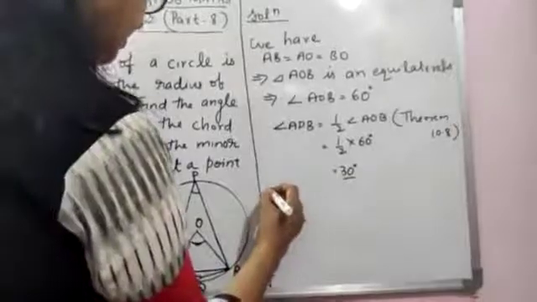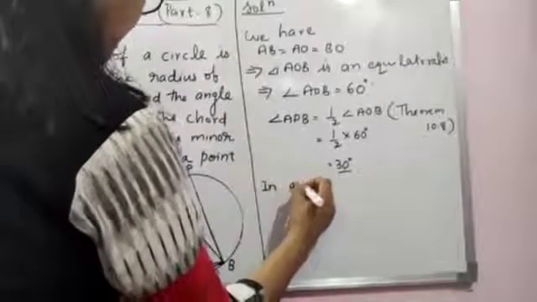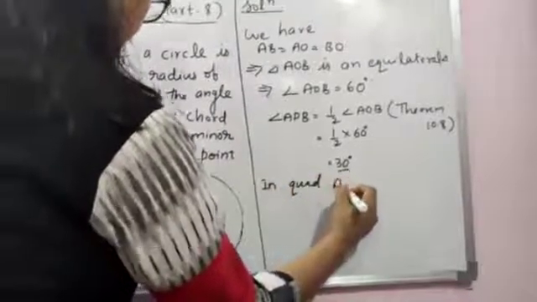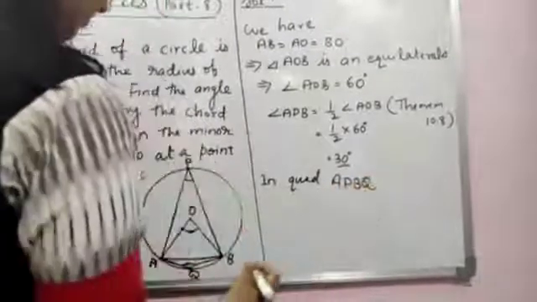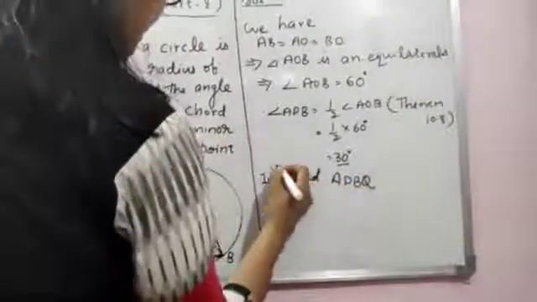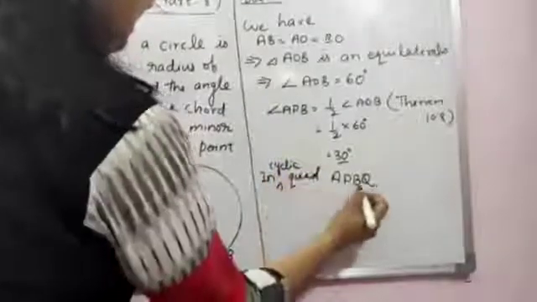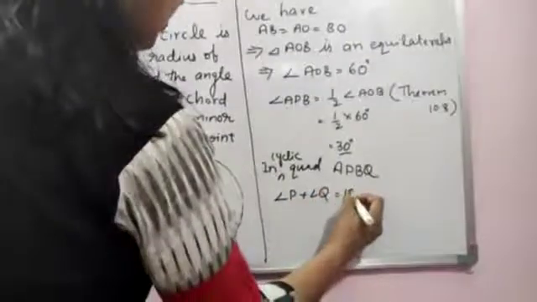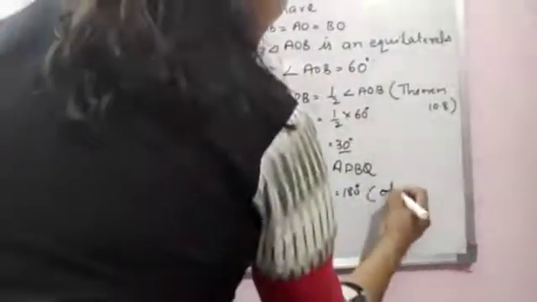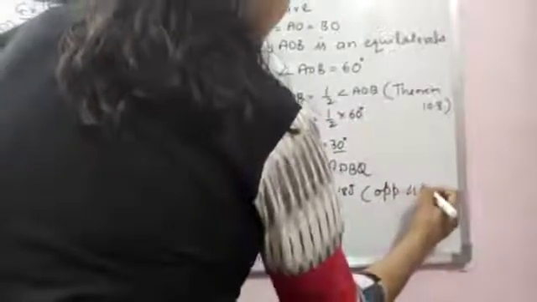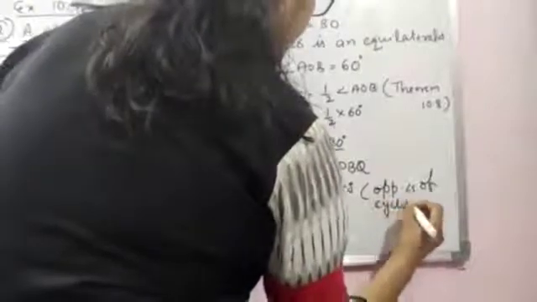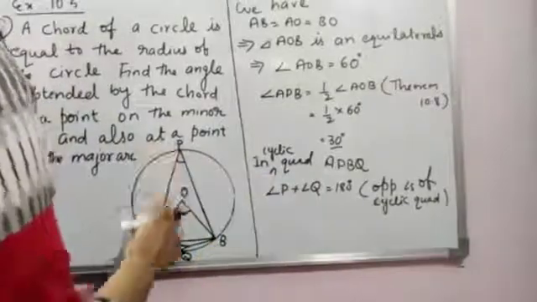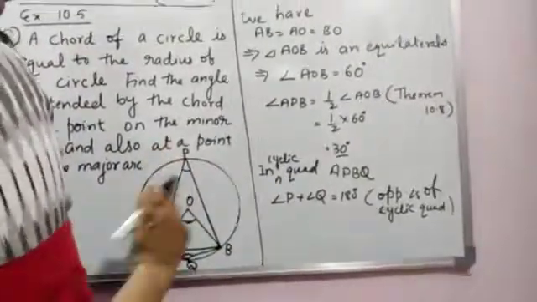So in cyclic quadrilateral APBQ, angle P plus angle Q is equal to 180 degrees. You know that the opposite angles of a cyclic quadrilateral are supplementary. Their sum is equal to 180 degrees.